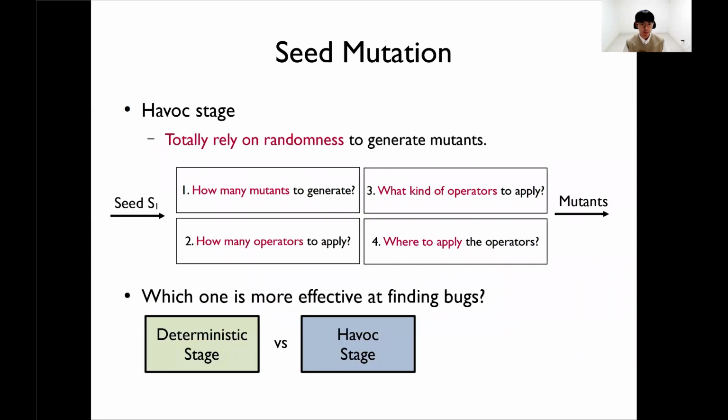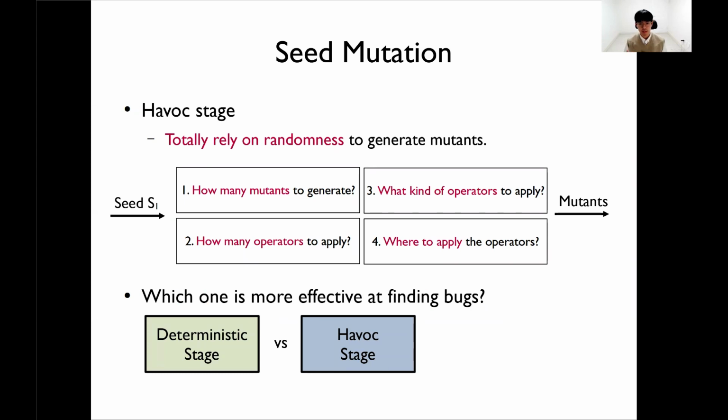So again, the Havoc stage totally relies on randomness to generate mutants. For example, it randomly decides how many mutants to generate for a given seed input, how many operators to apply, what kinds of operators to apply, where to apply the operators, and so on.